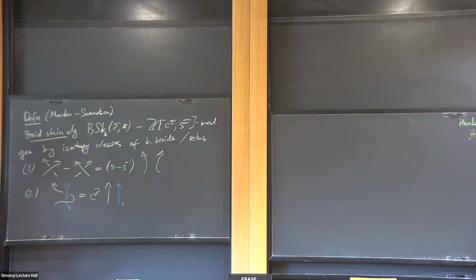But this braid skein algebra was defined in order to study the more standard skein algebra, which is just generated by links which are closed. This is sort of a more open story, and there is a natural way of mapping this into the skein algebra by closing the braids.